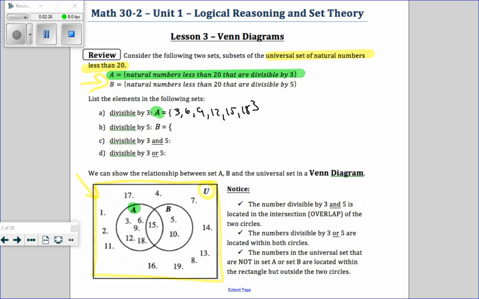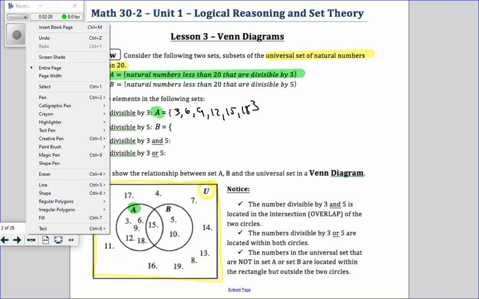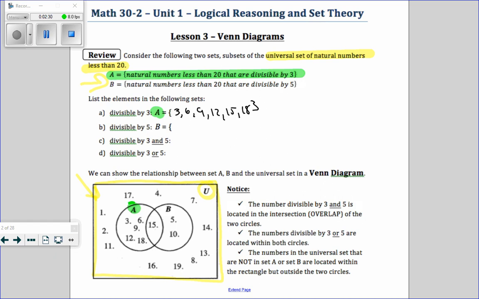Now, if you look inside circle A, you will see those numbers, 3, 6, 9, 12, 15, and 18. But notice 15 is in that overlapping area, but that is because of the next one.